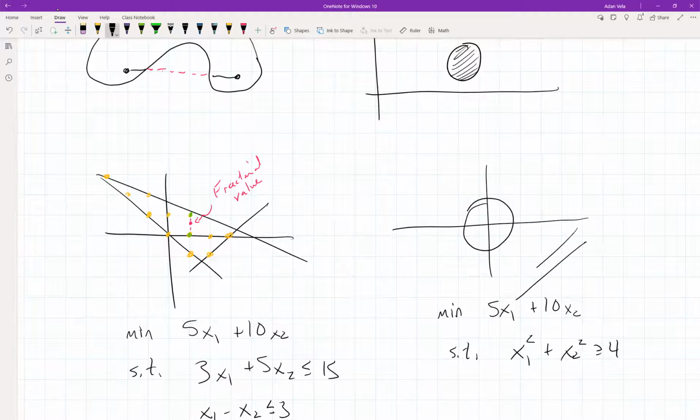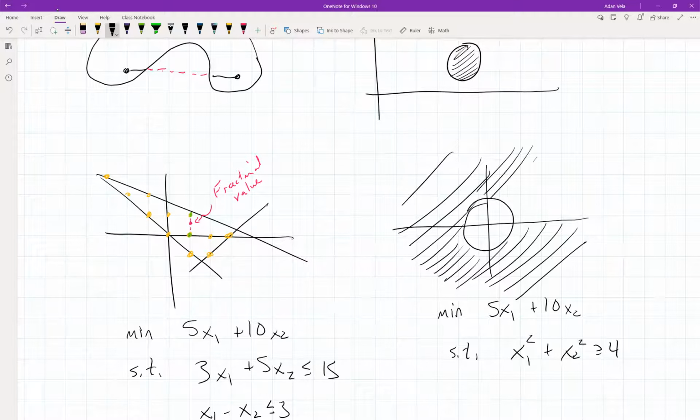We're talking about everything that's outside of the circle. So we're looking at all points that have a radius of greater than 4. Again, if we were to pick 2 points, the green points are definitely inside of the feasible set. But if we try to connect them, they pass through this infeasible part. It's like this donut hole. So these are all examples that you might encounter with convex and non-convex sets.